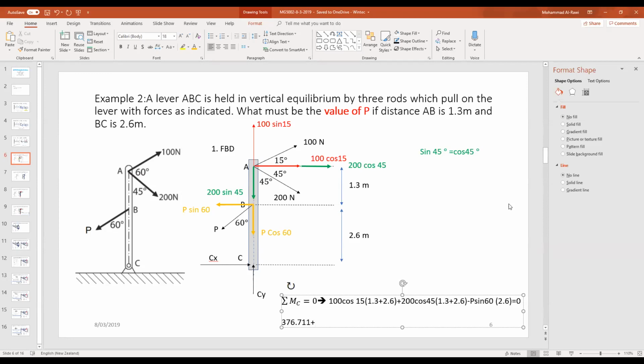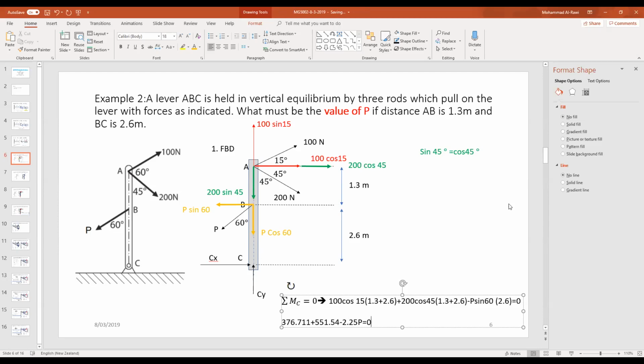That will give you 551.54, minus, and then sine 60 times 2.6, and that will give you 2.25 P, is equal to 0. So in this way, you see the equation looks really nicer. And yes, correct your answer.